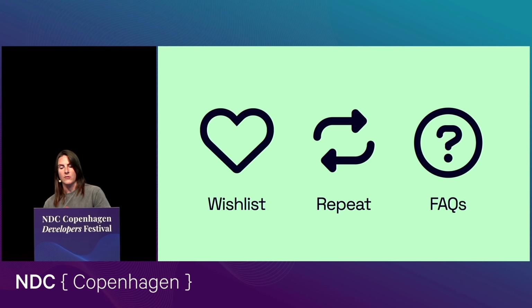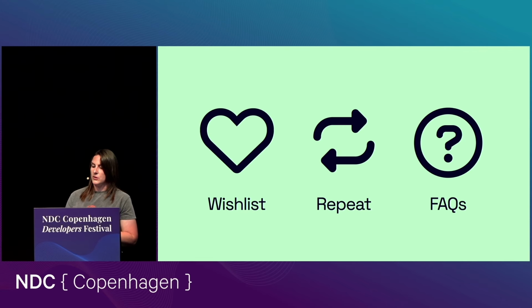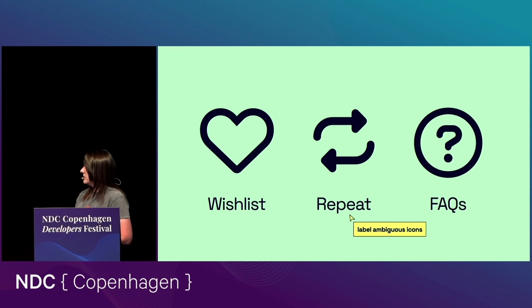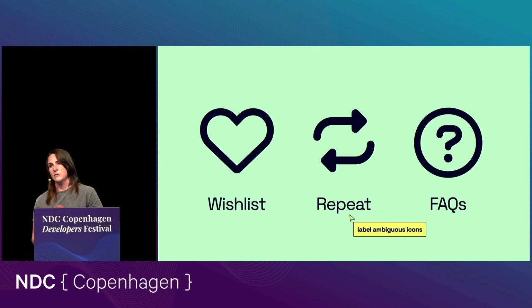They might not be that obvious. So my one tip is, if you're using icons, give them a label if it's not immediately obvious what it means. It will save your users a lot of confusion in the long run, and it will save them being frustrated if they click something and it doesn't do what they expect it to.